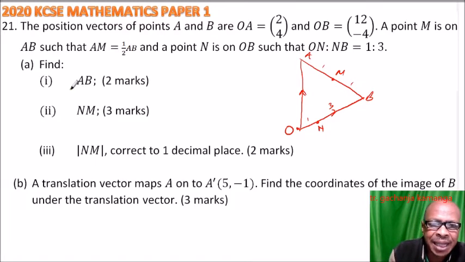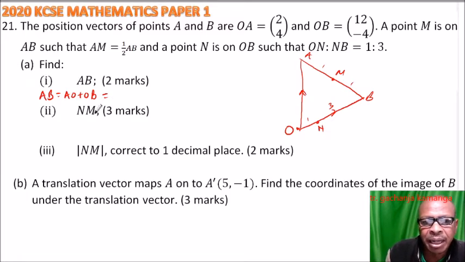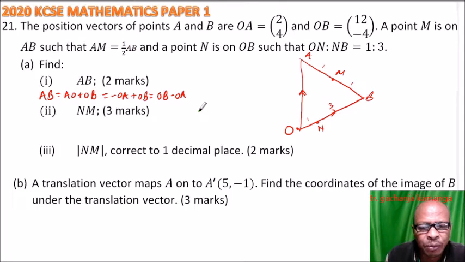So we can come here and say our AB is equal to AO plus OB. But to express AO in terms of OA, we say this is minus OA. The minus represents the negative direction, plus OB, which we can write as OB minus OA. Just writing that so that you can understand.